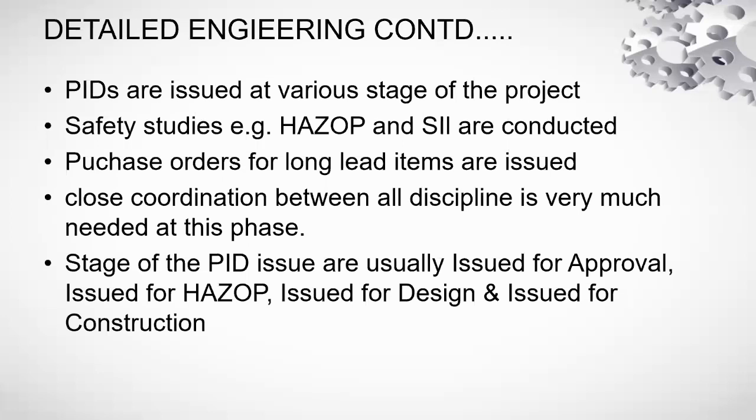The compressor vendors, most of the time, are loaded with orders. So this involves around 18 to 20 months for them to deliver. Yes, during this phase a close coordination between all disciplines is very much needed. So P&IDs, as I mentioned in the first point, are usually and most of the time issued for approval. This is the first stage of a P&ID issue.